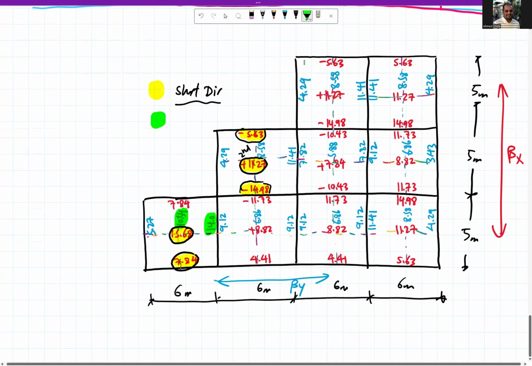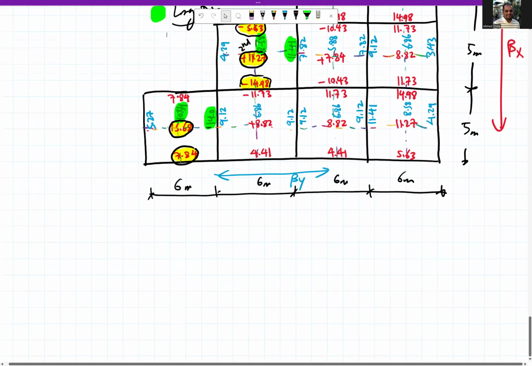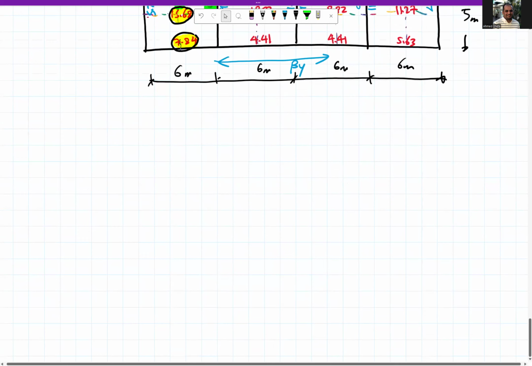The second maximum will also be this value here and this value here. So this is for the long direction.